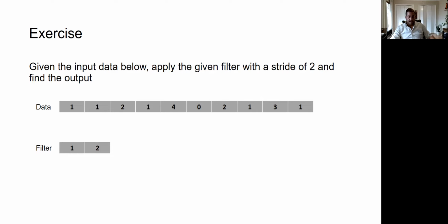Does anyone else need a paper? Okay. So let's do this. Everybody, please write the numbers here for the data and for the filter. And I'm going to go to the previous slide and have the animation run so that you can see how it works. All right?